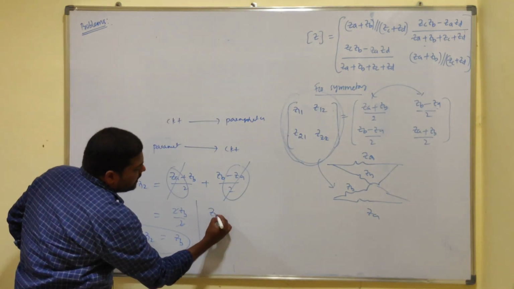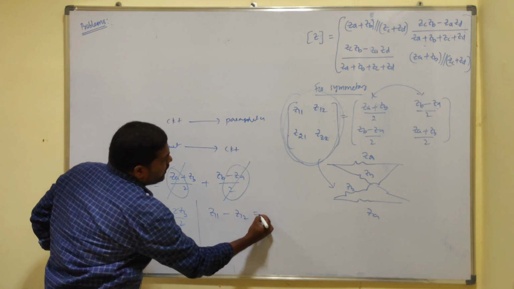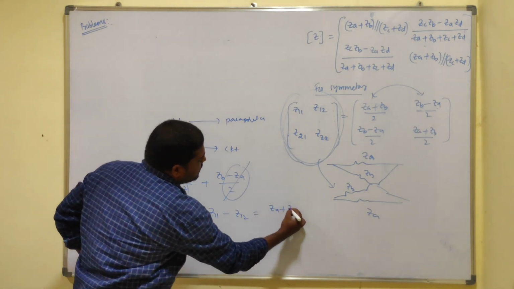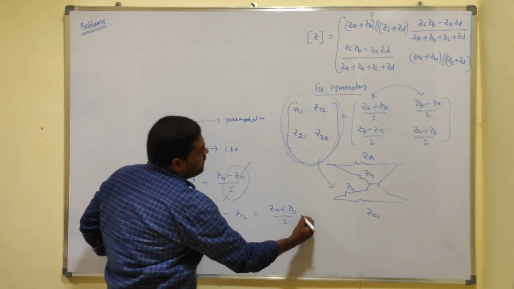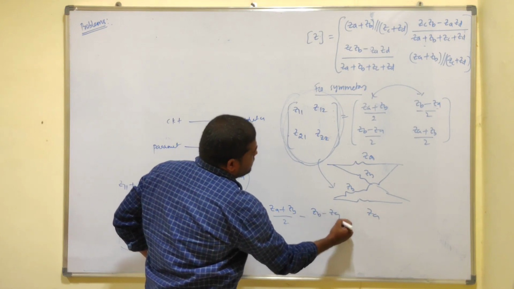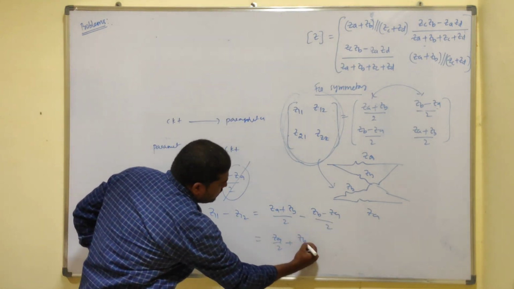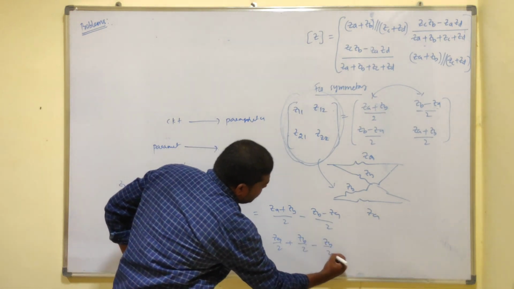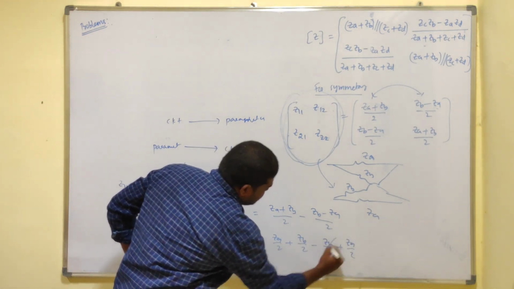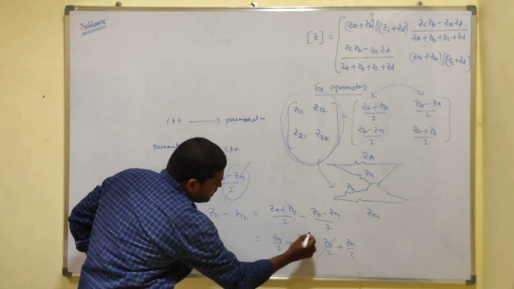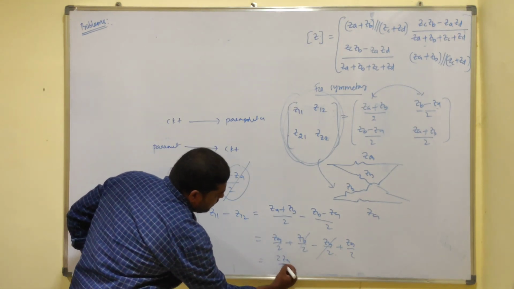Now Z11 minus Z12 equals (Za plus Zb) by 2 minus (Zb minus Za) by 2, which is Za by 2 plus Zb by 2 minus Zb by 2 plus Za by 2. The Zb terms cancel, so we get 2Za by 2.